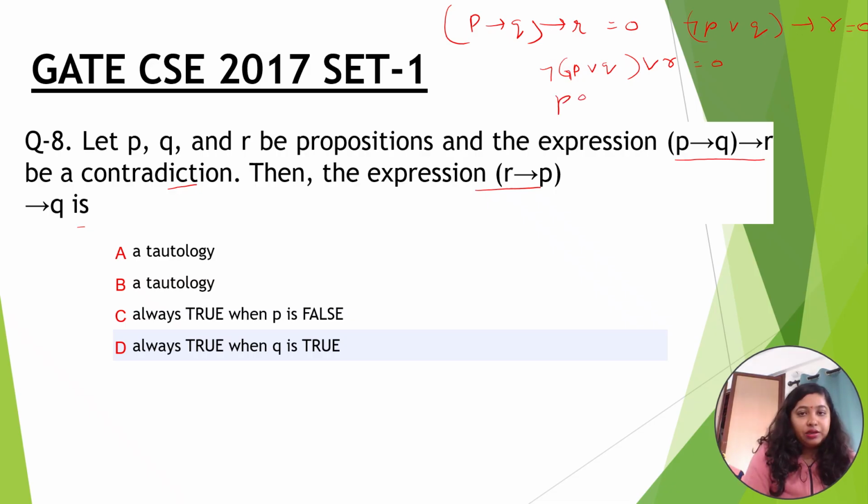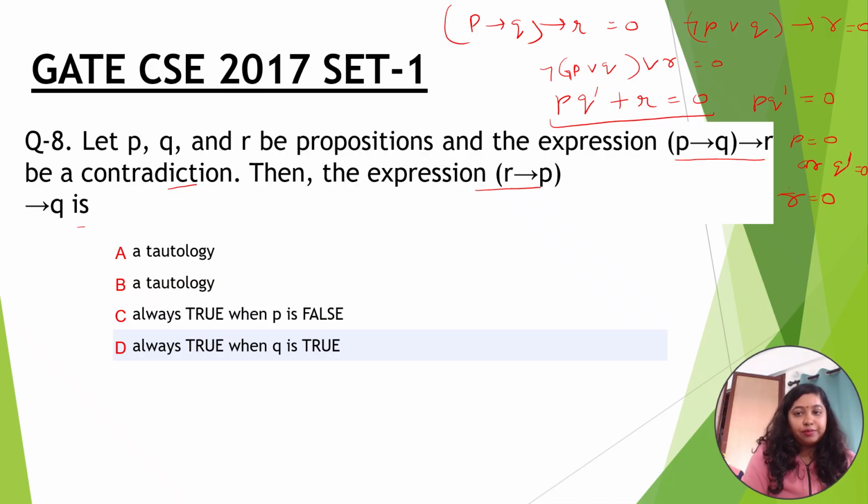P Q bar plus R is equal to 0. This is possible only if P Q bar is 0. Okay, so P is 0 और Q bar is 0 plus हमारा R is 0.